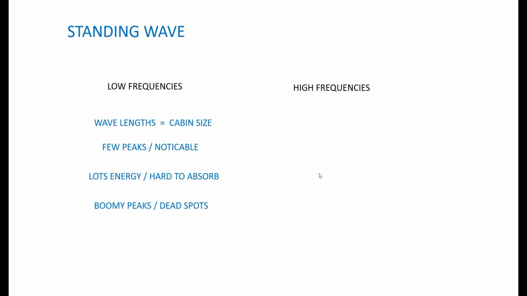The reason that you get standing waves with low frequencies is because the wavelengths of these low frequencies are getting close to the cabin size of your car. So if your cabin size is 2.5 meters or 3 meters or something, then you're going to set up these interference patterns that act like standing waves.